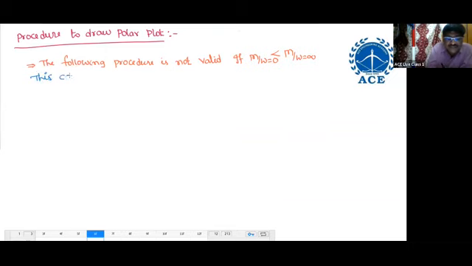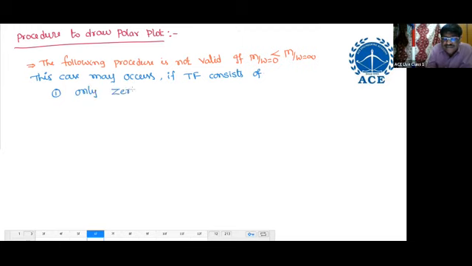This case may occur if the transfer function consists of, first one, only zeros.